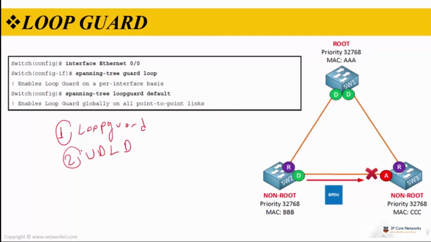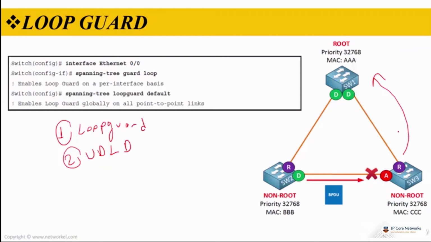Assume that the TX fiber connector of switch 3 towards switch 1 is torn by a dozer. In this case, switch 3 cannot send BPDU packets to switch 2, and since switch 2 does not receive BPDU packets, the port in alternate state will transition into forwarding state and a one-way loop will occur.